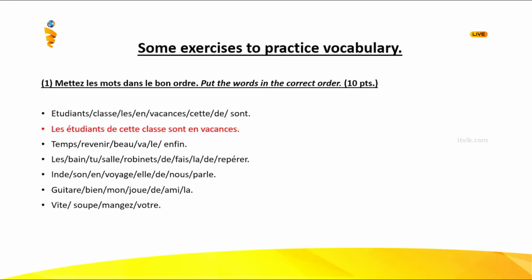So for example, the first one, we can say "les étudiants de cette classe sont en vacances." So "les étudiants" is the subject of the sentence. Related to that, we find the conjugated verb as "sont."